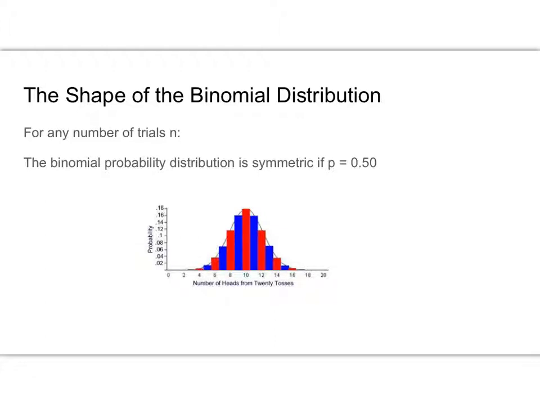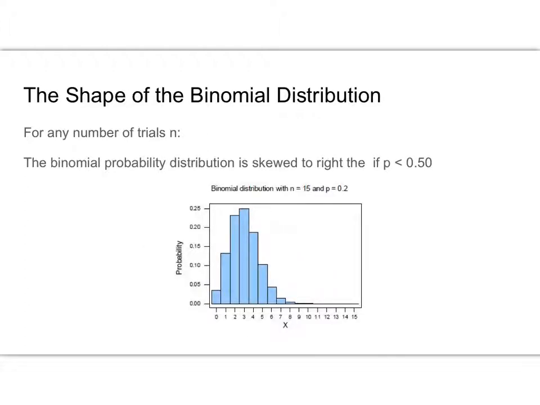So a binomial distribution shape, if the probability is 50-50, the shape of the binomial distribution is symmetric. If the probability is less than 50%, then it's skewed to the right.